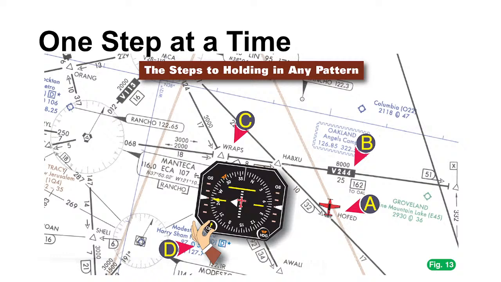So in this case: Cessna 2132 Bravo, radar contact 1 mile north of Hofed intersection. Cleared to RAPS intersection via heading 340 degrees, intercept Victor 244, direct RAPS, hold east on Victor 244, left turns, maintain 8,000 feet, expect further clearance at 0230. All right, times will always be Zulu time.